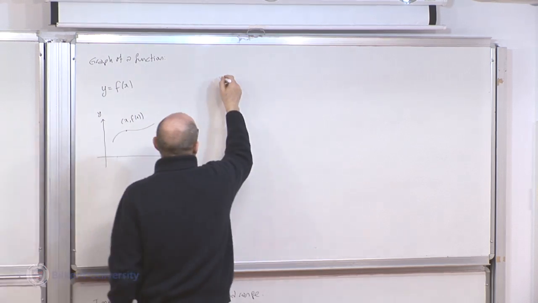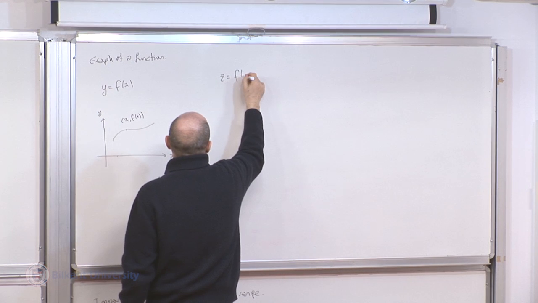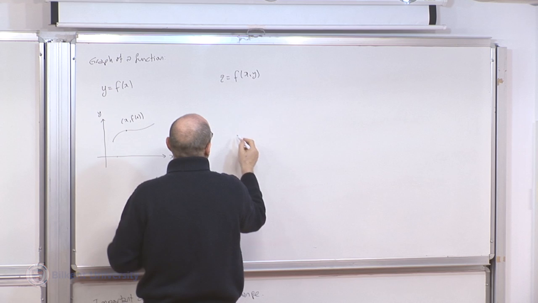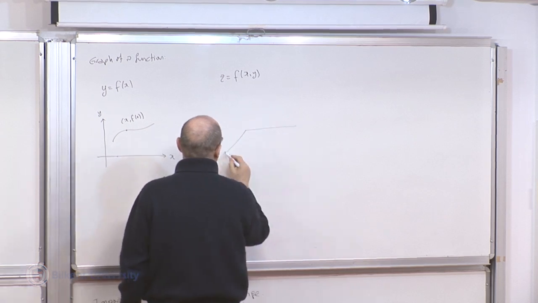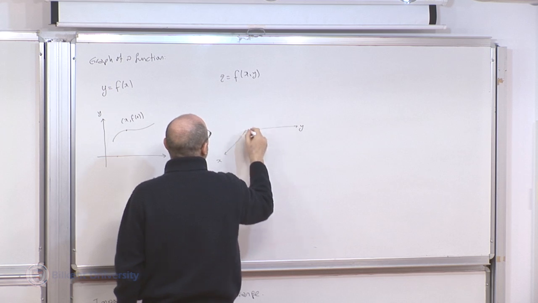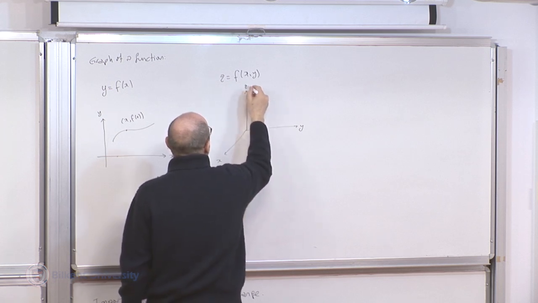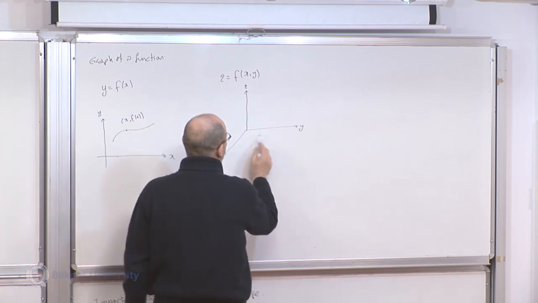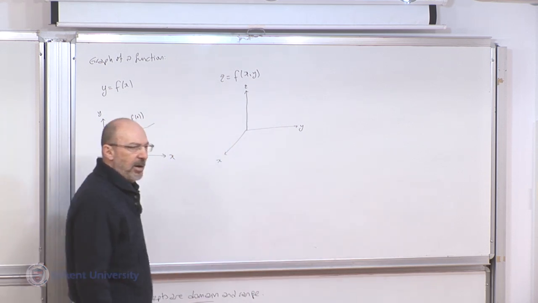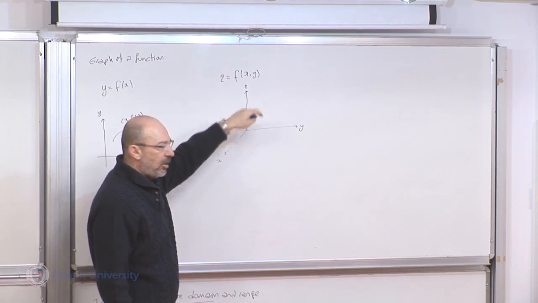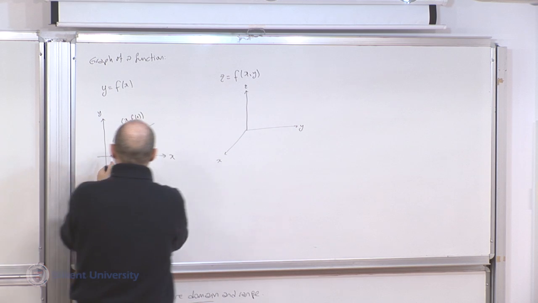Okay, next, suppose we have z equals f of x, y. Then for this x, y, I have this xy plane, and for this z, I have the z-axis. Now for any point here, suppose the function is defined everywhere, for every point here I get a point on top. So what we are doing is just like here.